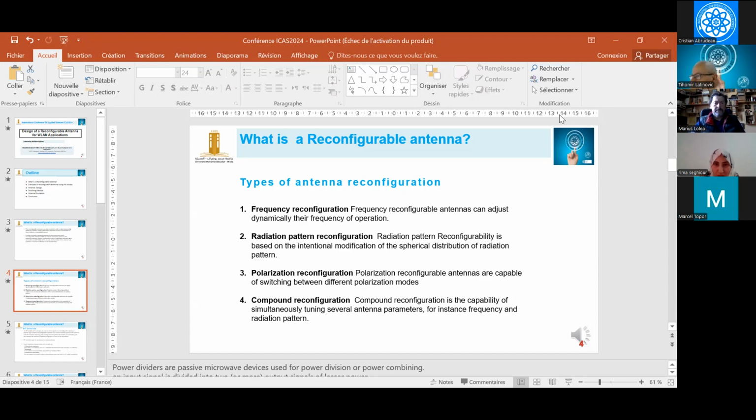Polarization reconfiguration are capable of switching between different polarization modes. Component reconfiguration is the capability of simultaneously tuning several antenna parameters, for instance frequency and the radiation pattern.